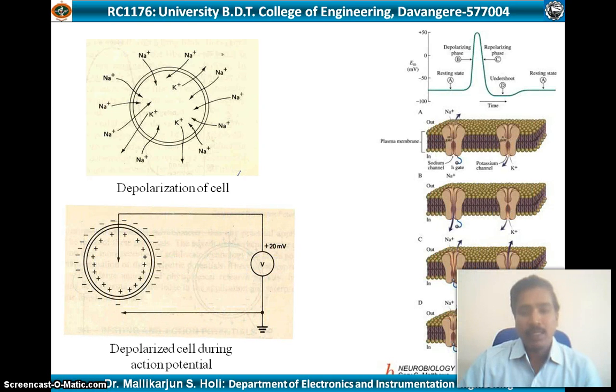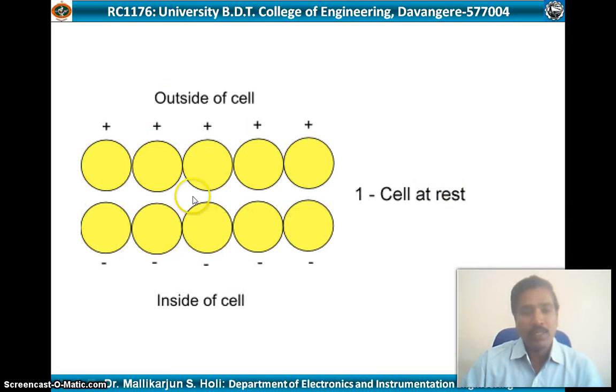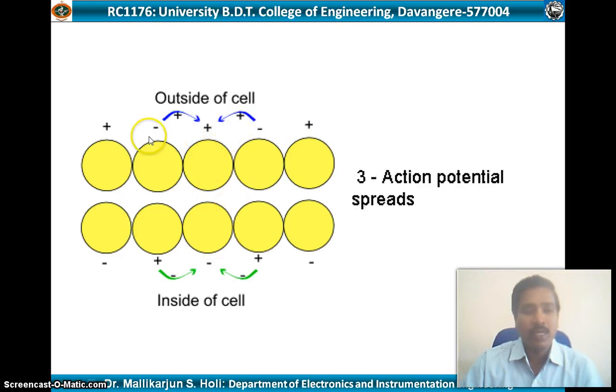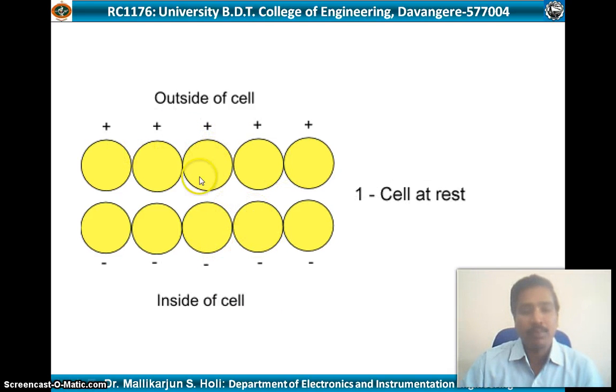These are the sodium channels and the potassium channels you can see, by which the sodium and potassium move in and out of the cell. This is how the movement of the ions leads to the generation of the action potential.